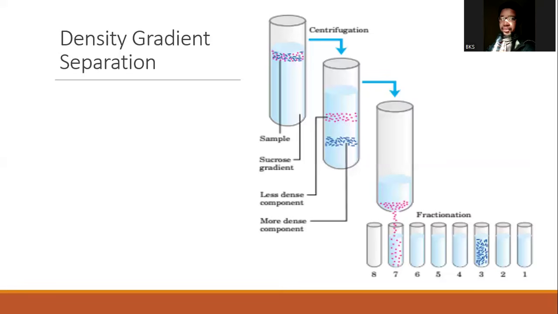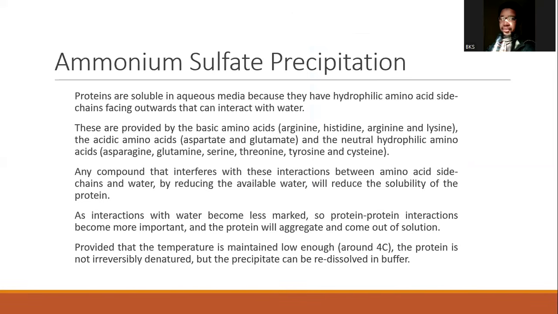So you have quite a number of fractions containing a similar set of molecules, or molecules of the same molecular size. So the next thing is what we call salting out, or ammonium sulfate precipitation. Remember, I told you how a protein becomes soluble in a solution. What makes a protein soluble is the interaction with the ions inside the water.